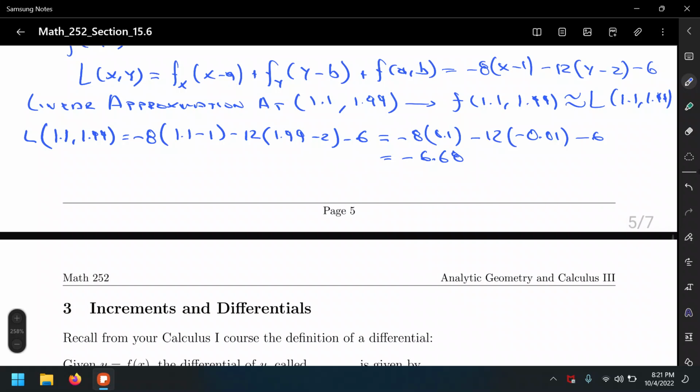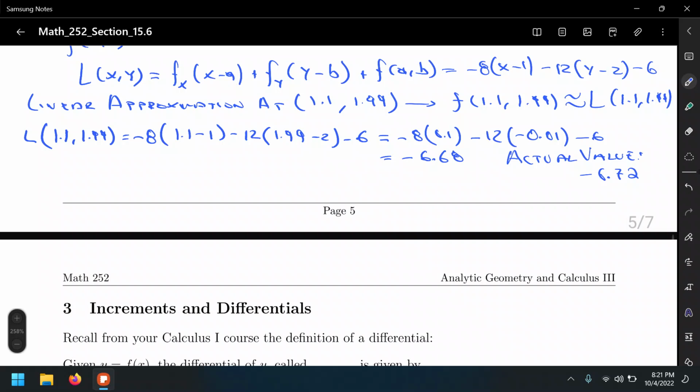Well, in this case, this is the approximated value. The actual value is negative 6.72, which is, I think, a good or a decent approximation. Right? How do we get the actual value?